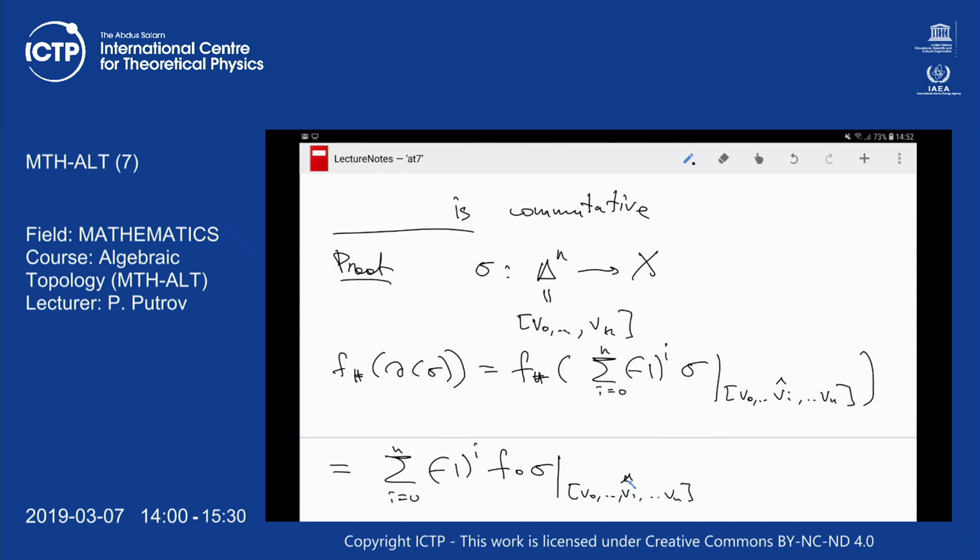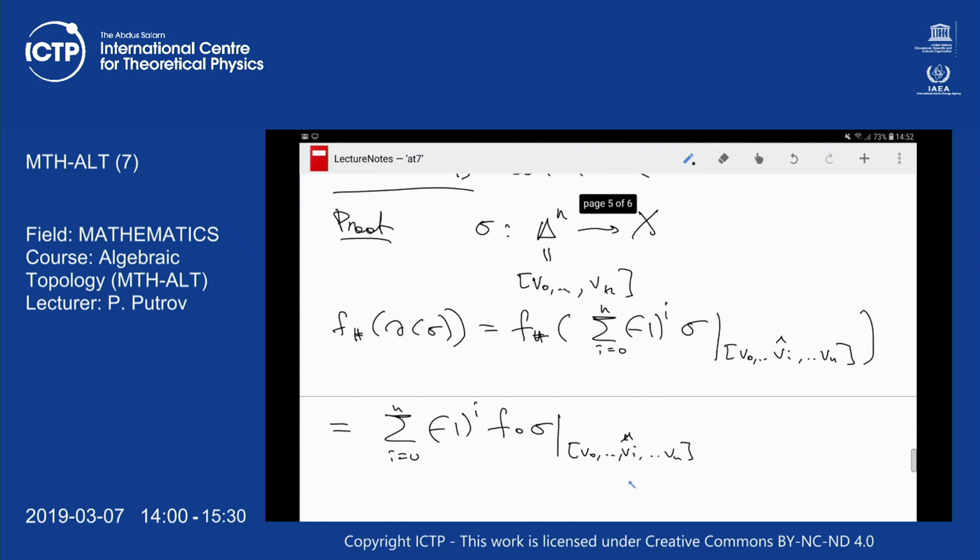But we can exchange the restriction with the composition. Yes, exactly. Instead of taking first the restriction and then the composition, this is the same as taking first the composition and then restricting.